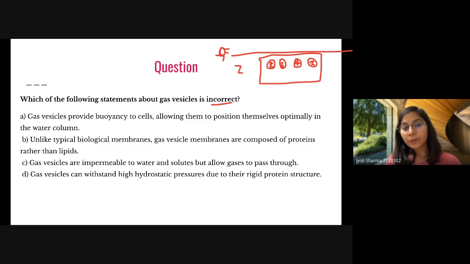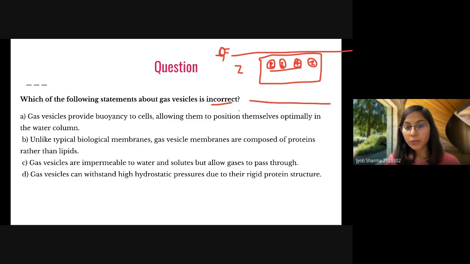This gas vesicle will provide the buoyancy in such a way that it allows the cell to float on the top and not go to the bottom.